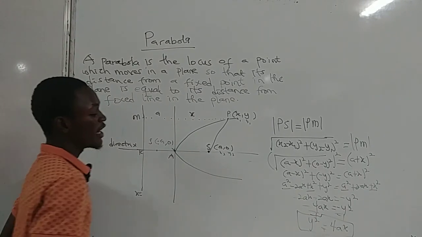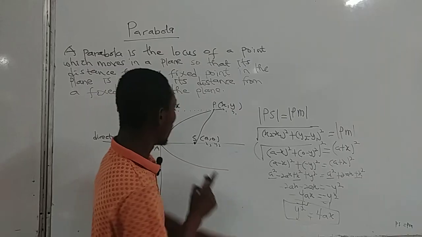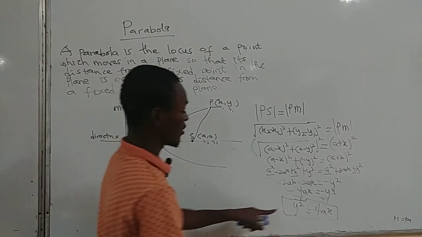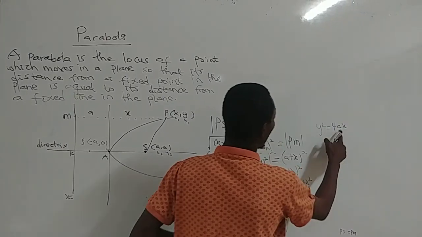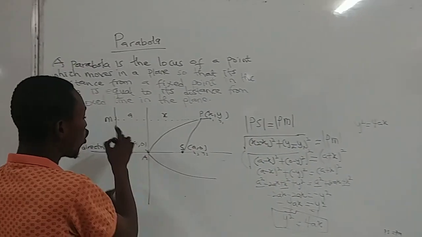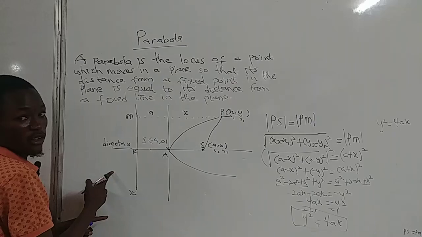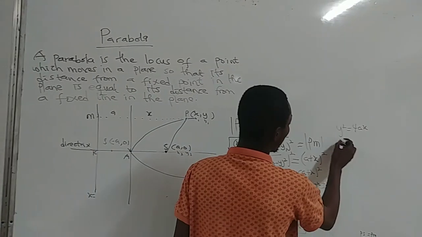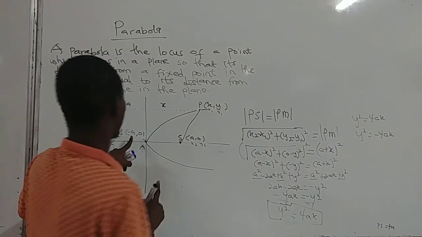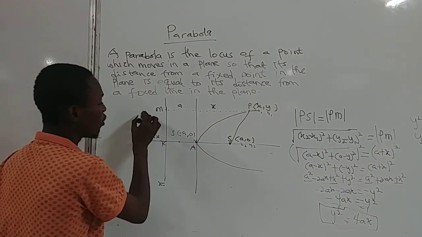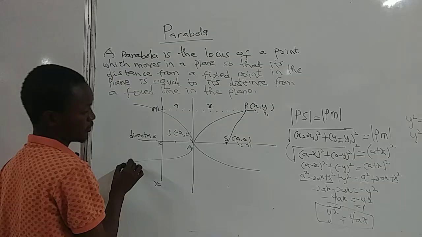In that case, because a is negative, instead of y squared equal to 4ax, the parabola will open to the left. So you are going to have y squared equal to minus 4ax. That is when a is negative, and the parabola will open to the left.